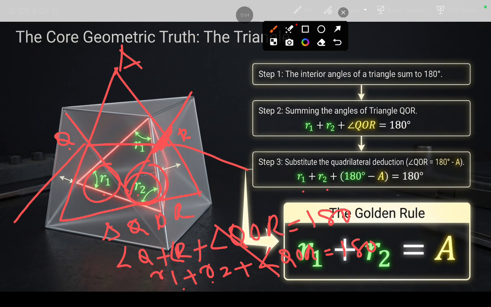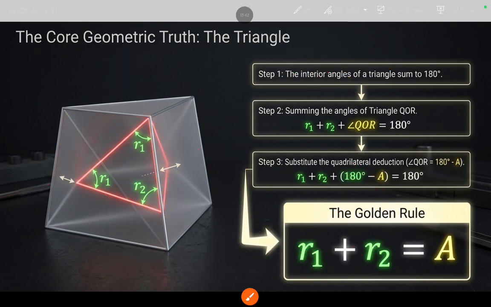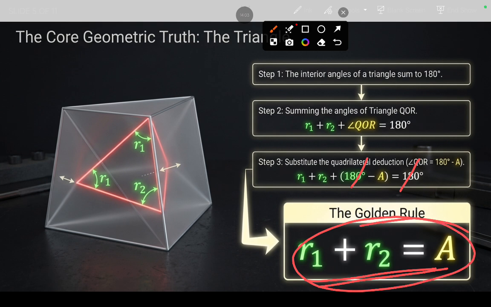From the previous concept, QOR equal to 180 minus A. Replace here, then R1 plus R2 plus 180 minus A equal to 180. Therefore, 180 and 180 cancel, and R1 plus R2 is equal to A.